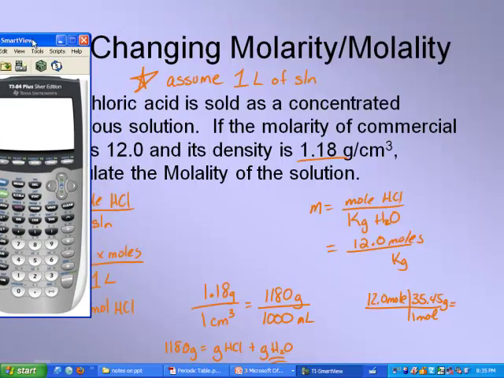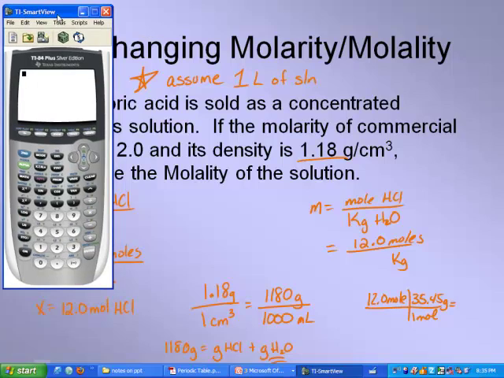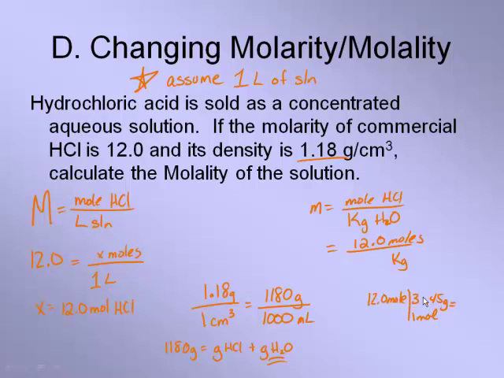Slide my calculator back over, out of my way. It's 425.4. Oh, that's not the right mass. First of all, I'm going to use the correct mass of HCl, which is 36.46.